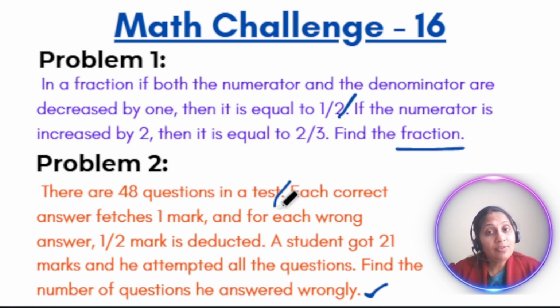With this itself, you can frame one equation. With the next instruction, you can frame another equation. Try to take the number of questions answered correctly as x, and the number of questions answered incorrectly as y. You need to find your y, but to find y, you need to find x as well, right? So find the values of x and y.